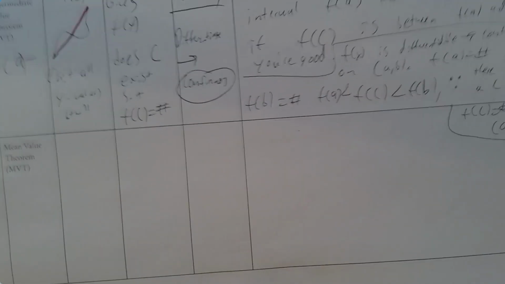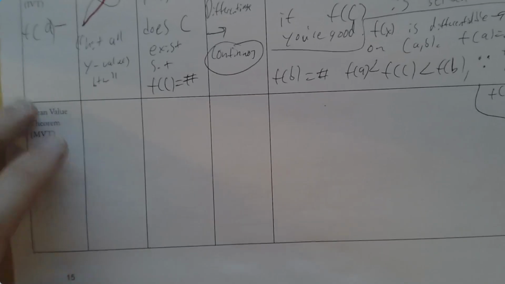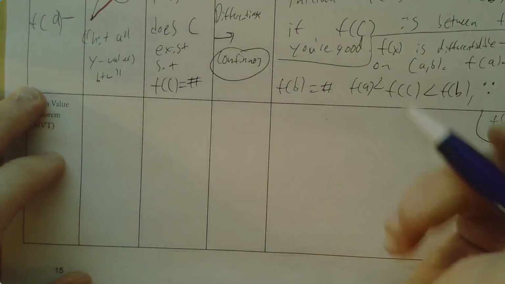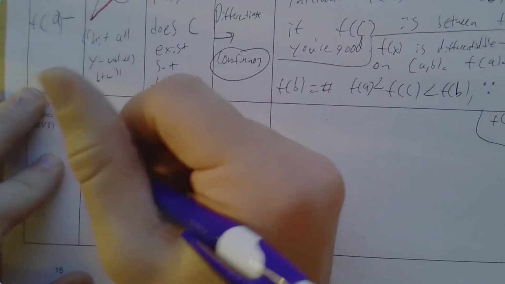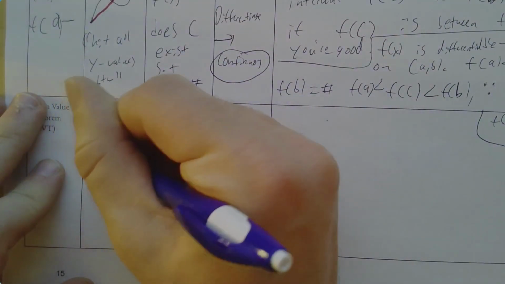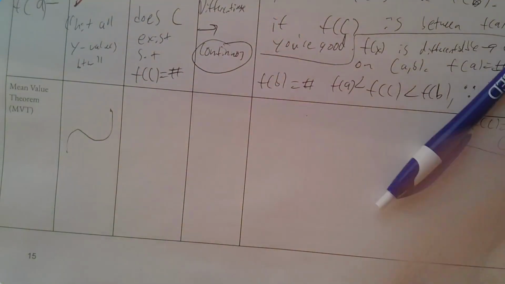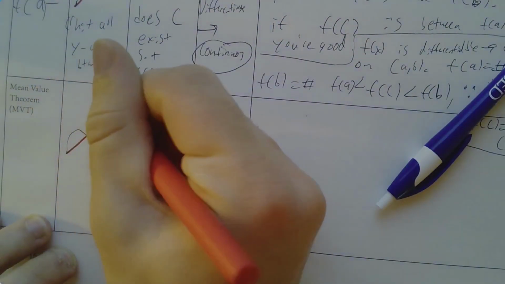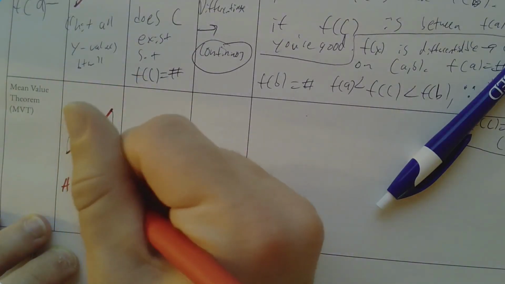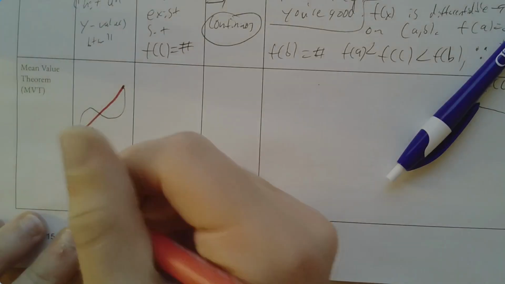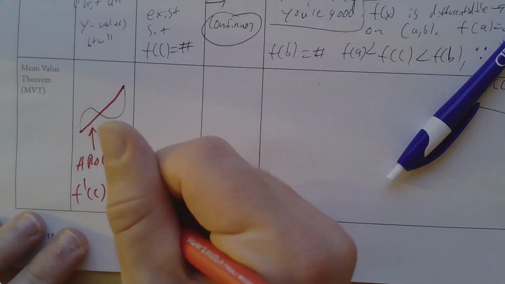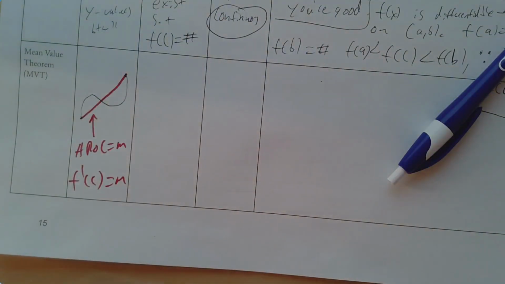Okay. Mean value theorem is even more popular than intermediate value theorem. It's very similar but different. It's dealing with derivatives. I can even draw a similar picture: if this slope, the AROC, is m, then there must be a derivative on that interval that's also m.